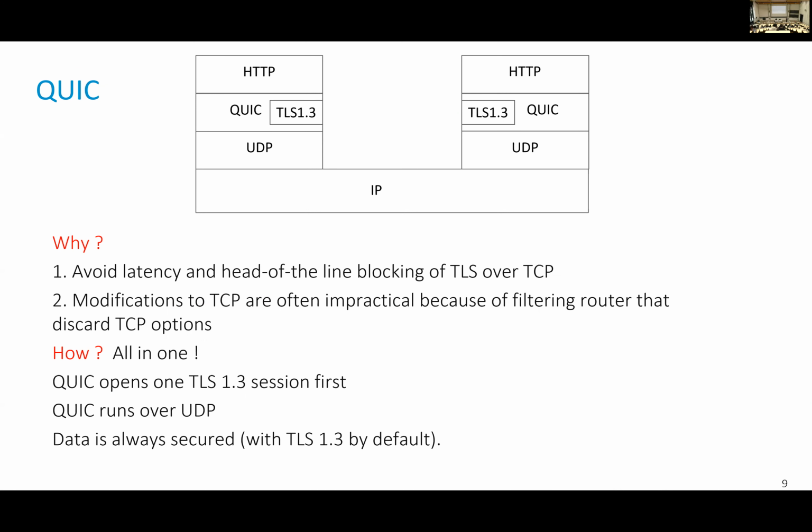We have mentioned very briefly this when we said that TCP has a problem. TCP has many problems, head of the line blocking. Another one, in terms of congestion control and fairness, is bias against long round-trip time, which is mitigated by CUBIC when you work in the CUBIC domain, which is very rare.